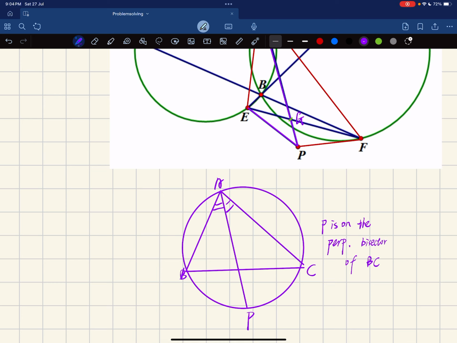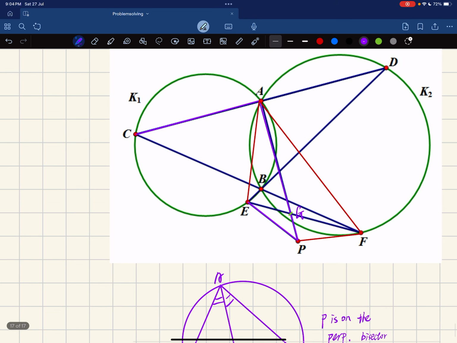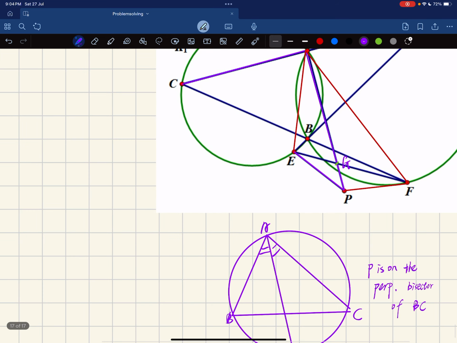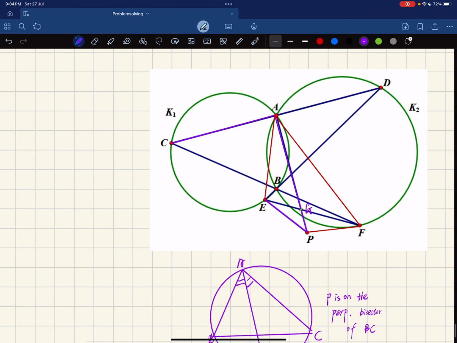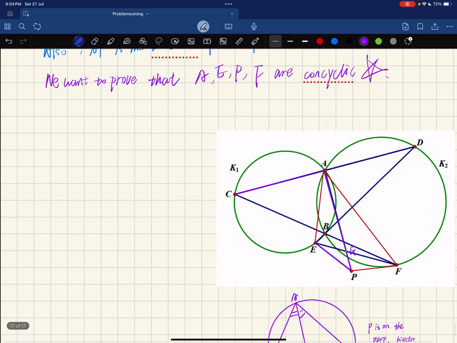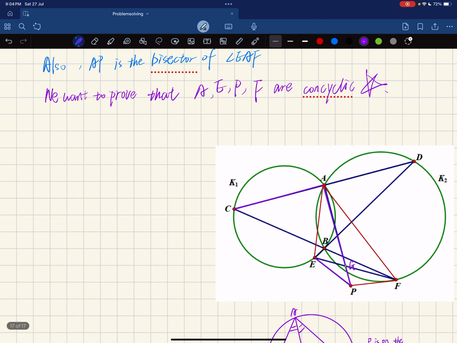So we try to prove that if P is on the perpendicular bisector of EF and AP bisects the angle EAF, the 4 points are concyclic. So what can we do to prove that? If we want to prove a quadrilateral is concyclic, what are the methods?